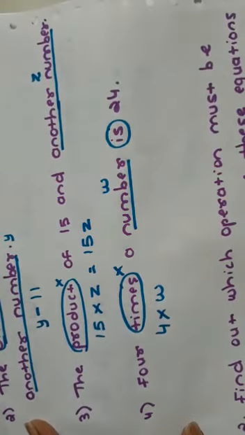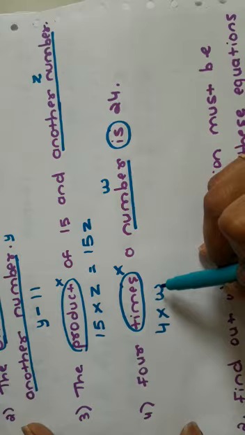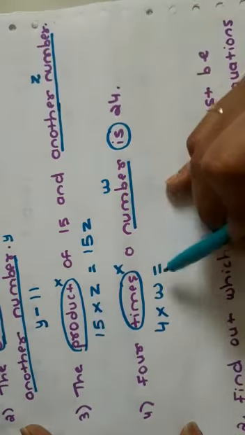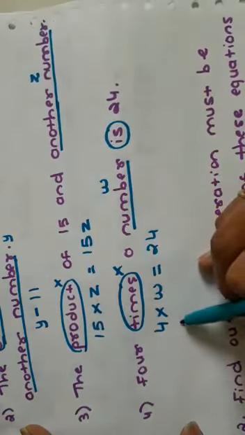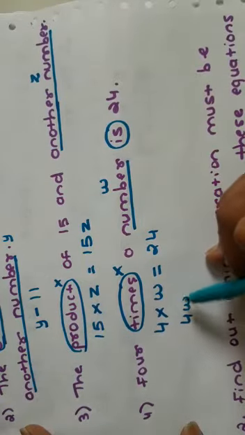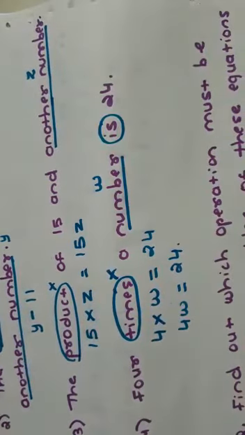Now when you are making an equation, if in the statement you come across the words is, are, was, always replace these words by an equal to sign. So 4 into w is 24, or we can say 4w is equal to 24.